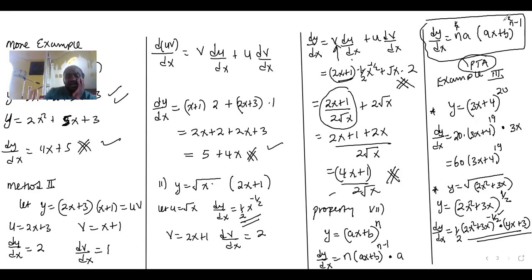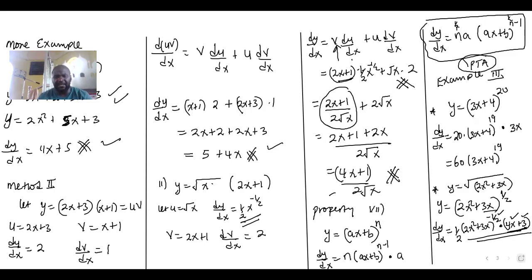Lutu, when you differentiate 2x squared, what do you get? 4x, which is this one. When you differentiate 3x, what do you get? 3, which is this one. So this is the derivative of the inside term. Then you multiply it by the derivative which arises as a result of the power being differentiated. The answer you get is the solution.